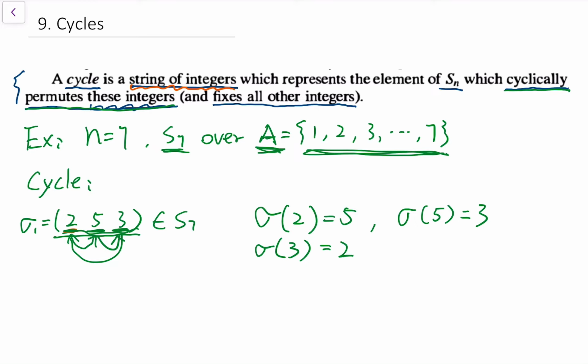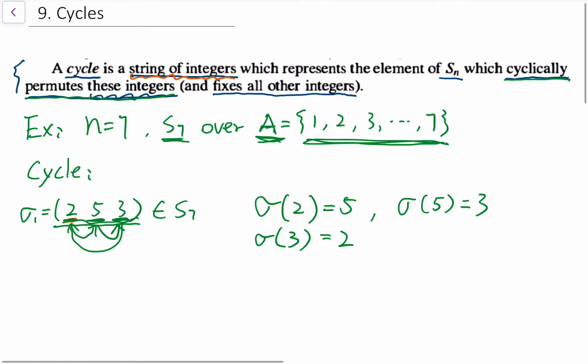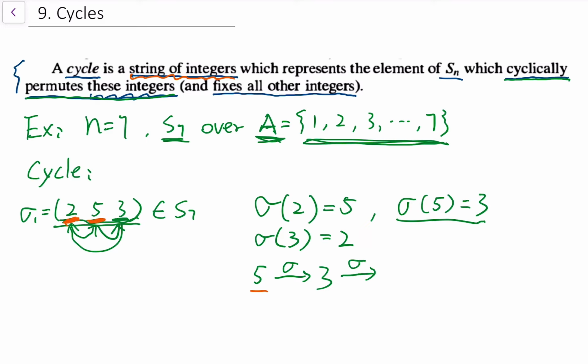So this is how this cycle cyclically permutes those integers. If you don't start from the first integer 2 but start from 5, and you apply the cycle sigma on this integer, you get 3. Then you apply the cycle to the result 3, and as we saw here, you get 2.